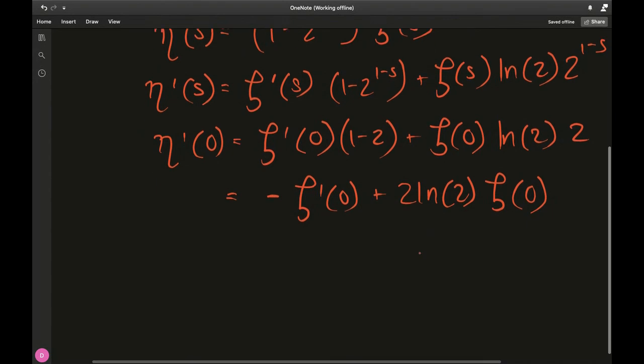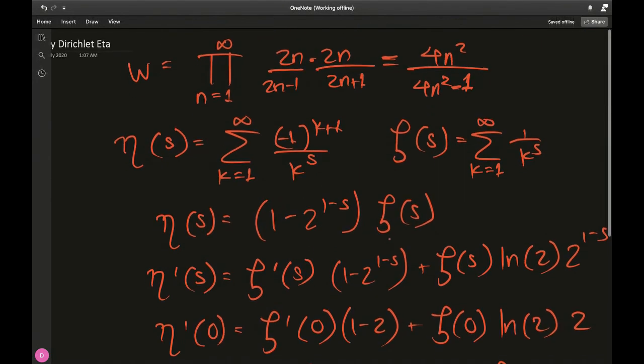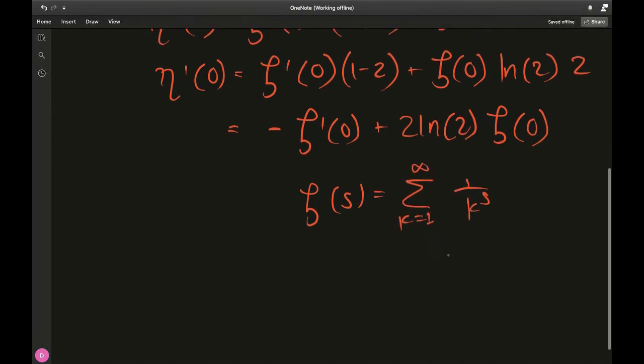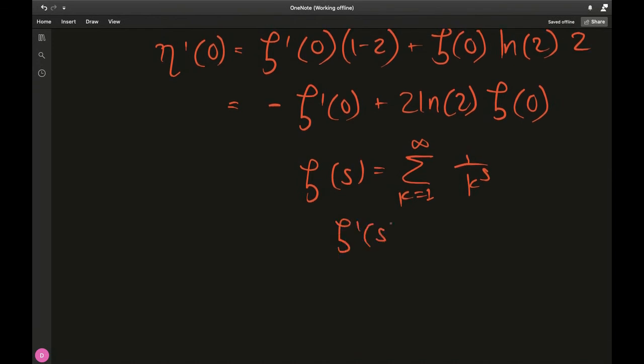Okay, so now the Riemann zeta prime: if you take the Riemann zeta function of s like we defined up above, and you differentiate that with respect to s, you will just have a natural log expression in the numerator, natural log of k over k to the s.